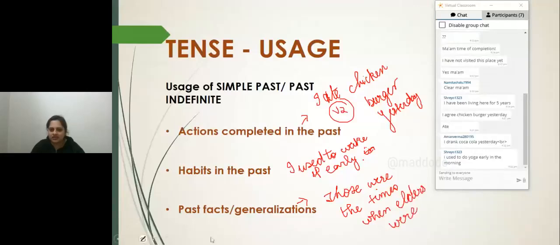Yeah, as a generalization statement we use it quite often, right? उस जमाने में तो elders की respect की जाती थी. Those were the times when elders were respected. What's wrong with this? Clear? Understanding past facts or past generalization statements, general statements. So this is generalization.